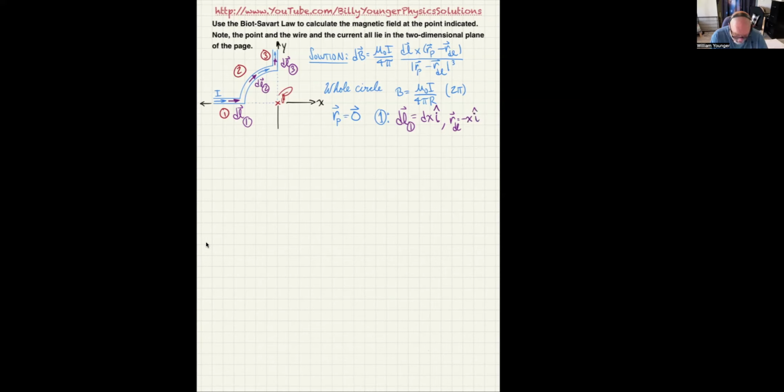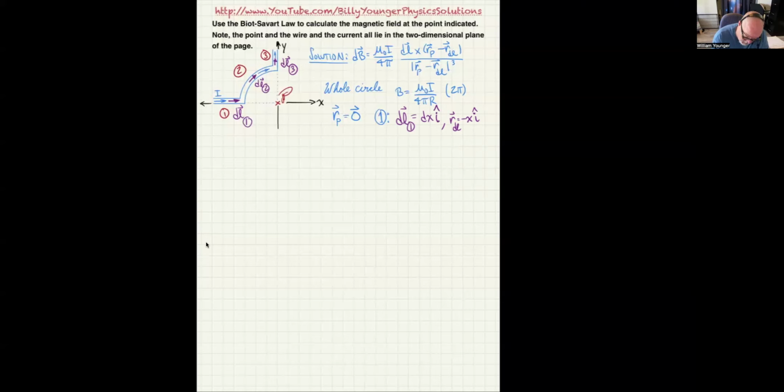The negative indicating that it points to the left, the i hat indicating that it points right or left, with i being the positive and therefore right direction, and x being the length of the vector, which would go from some bigger number down to basically R, because as I said, the radius of the circle is supposed to be R.